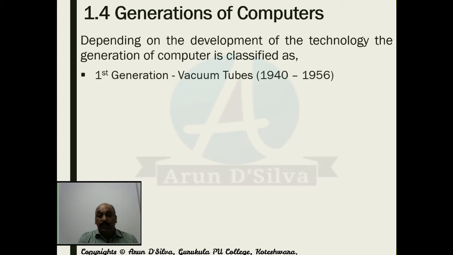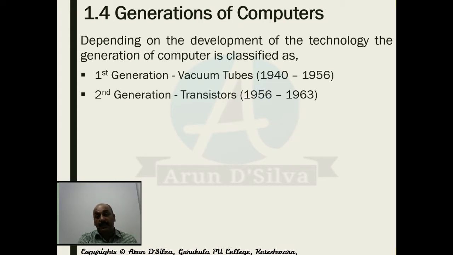The first generation was called vacuum tube computers. It was almost in the mid of the 20th century, from 1940 to 1956. Whatever computers were used then belong to the first generation. Later, from 1956 to 1963, the vacuum tube was replaced with the transistor, and that was called the second generation of the computer.